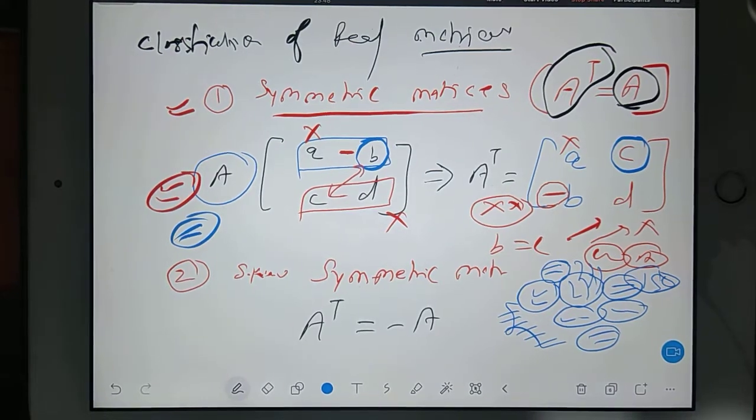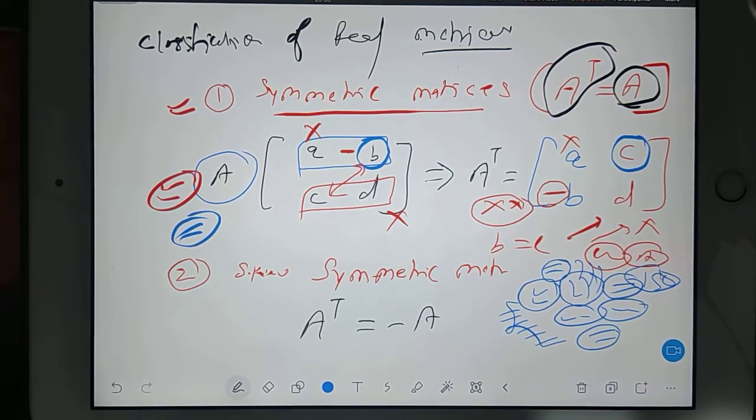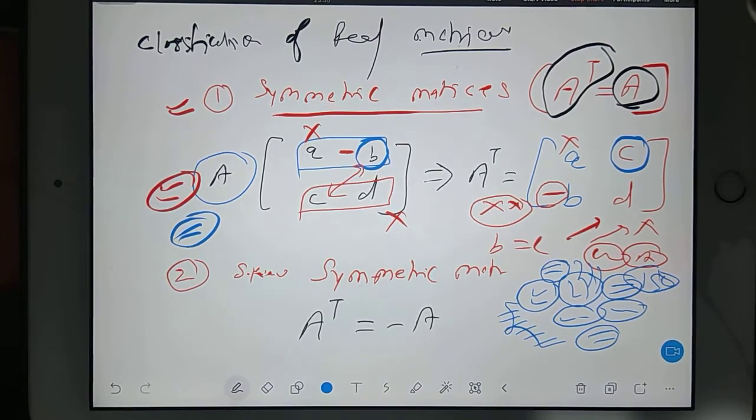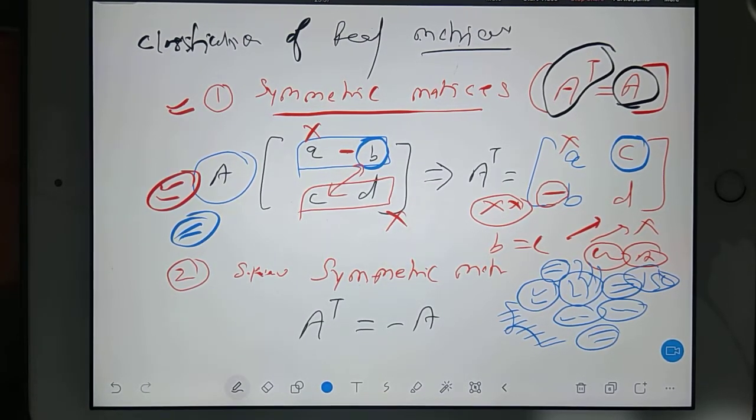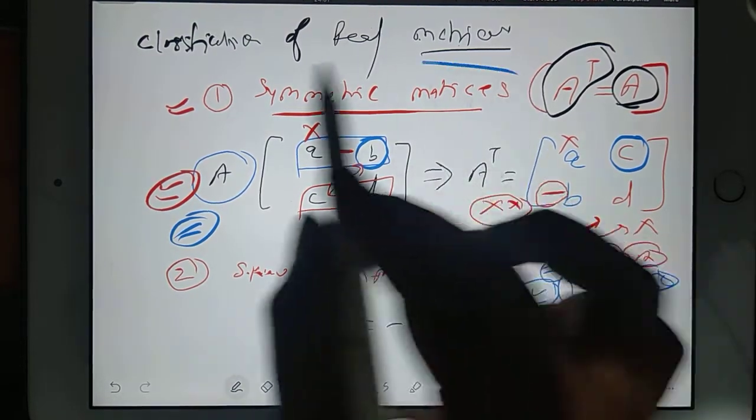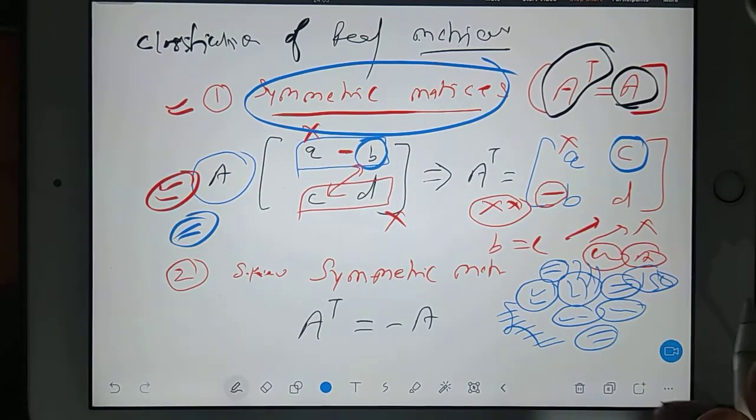Okay, so now we'll go for an example. How a symmetric matrix works, we'll discuss, and what properties we have with a symmetric matrix.